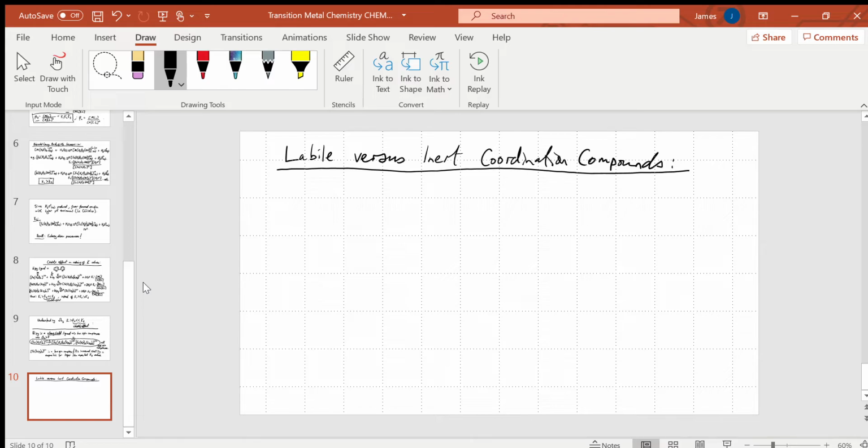Okay, so there's a variety of compounds we could use to discuss this, but the ones that I think will make a nice point are, for example, if we take this equilibrium of nickel 2+, aqueous, and four cyanide ligands, aqueous, and this can be in equilibrium with the coordination compound.